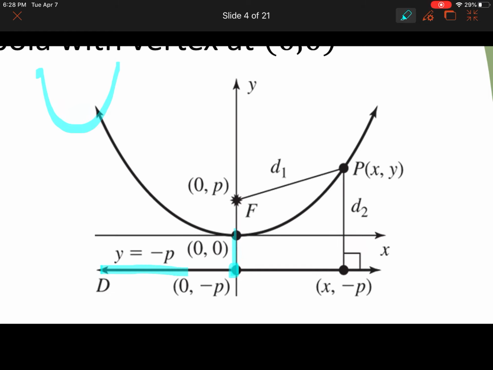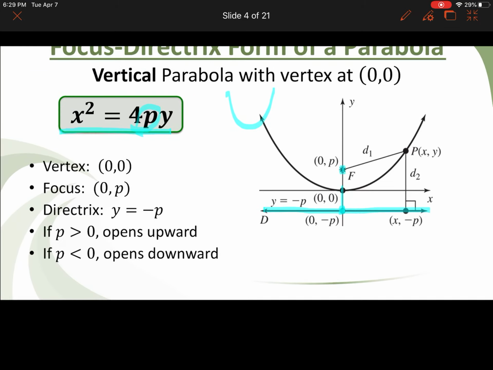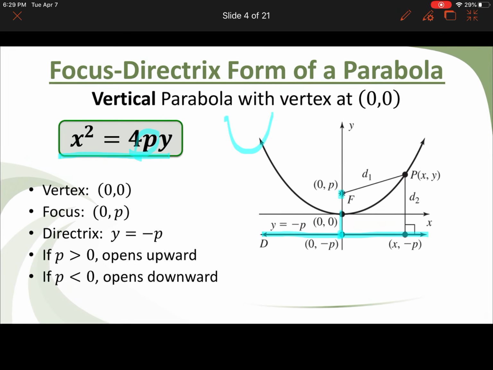And this would be a horizontal line, so y equals negative p. That's what it would be. And then our focus would be up p, so it would be (0, p). That would be our focus.